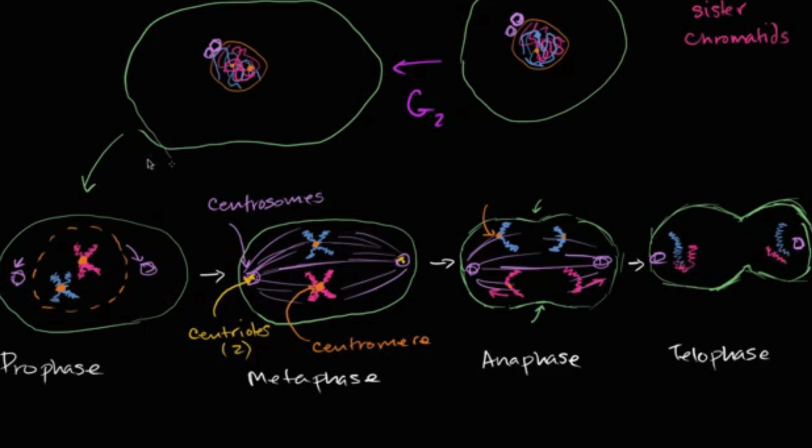Same thing over here. And you start to have nuclear membranes forming around the DNA. So once again, it's redoing what was undone in prophase. And so when you're done, you're going to have these nuclear membranes. The DNA is going to go back to its chromatin form.